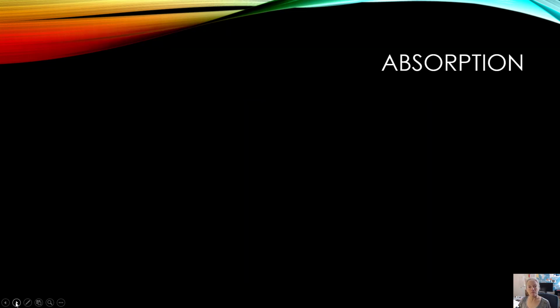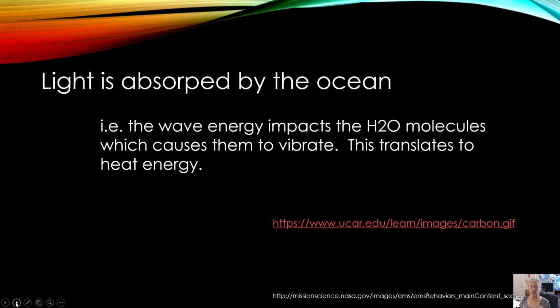All right, absorption. So we've done refraction, scattering, absorption. Absorption, what's that mean? Well, this is when waves of light or of sound, we're talking mostly about light right now, we're focused on sound in a minute, hit a molecule of water, for example, and their energy is absorbed into the molecule of water. And what does that do?